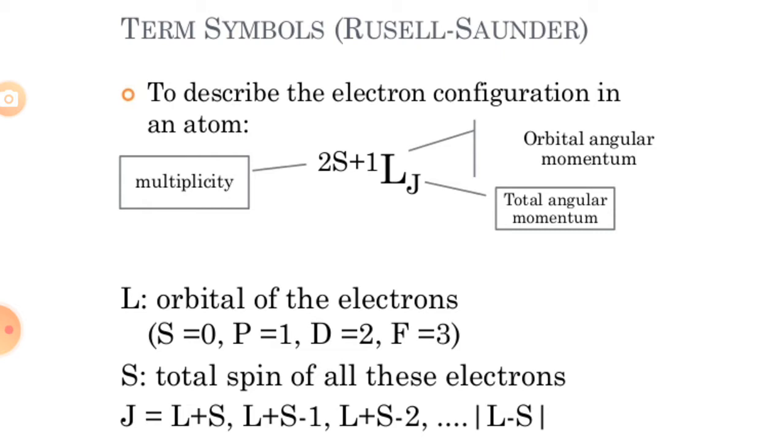Okay, so this is the definition of term symbols, and to describe the electron configuration in an atom, we can use that Russell-Saunders term.